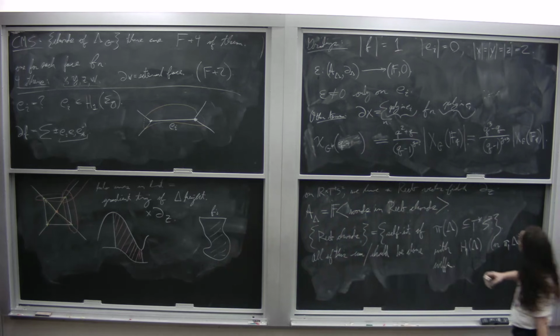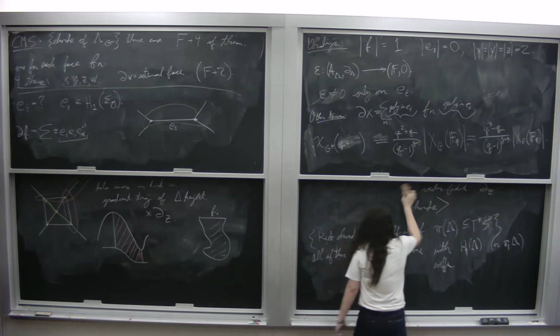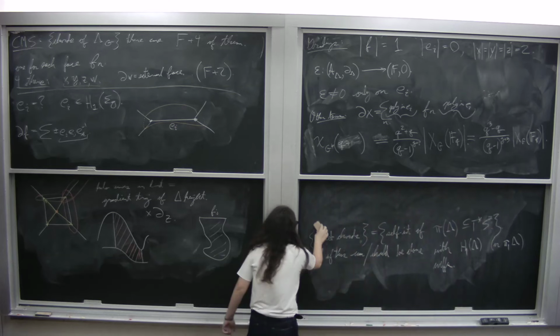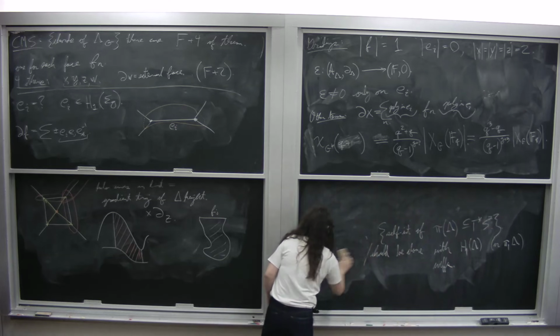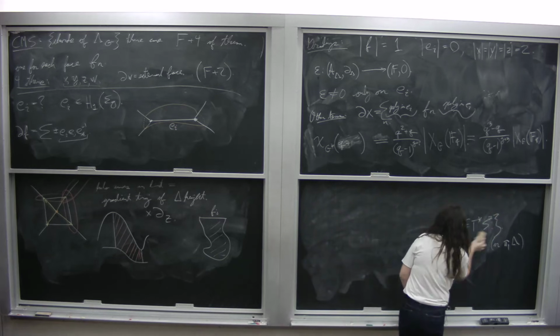But the q cubed minus q, we probably recognize as the order of PGL2.